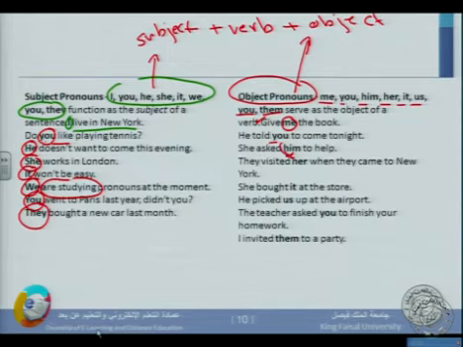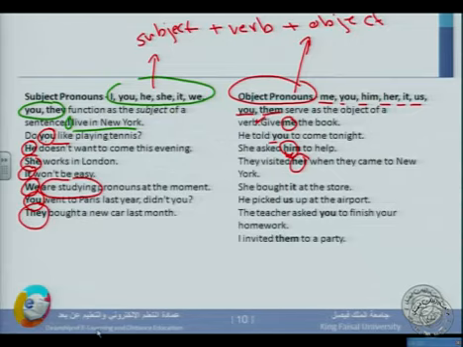That's wrong. So we can't say he asked he to help. He asked him to help. They visited her. But we can't say they visited she. We can say they visited her when they came to New York.